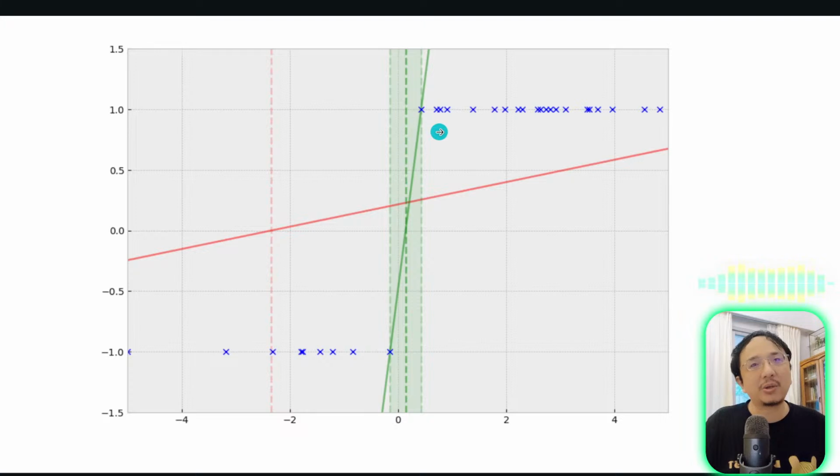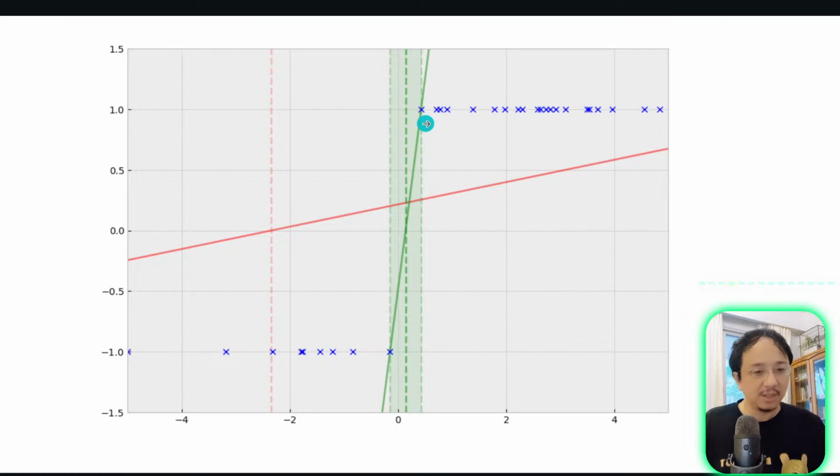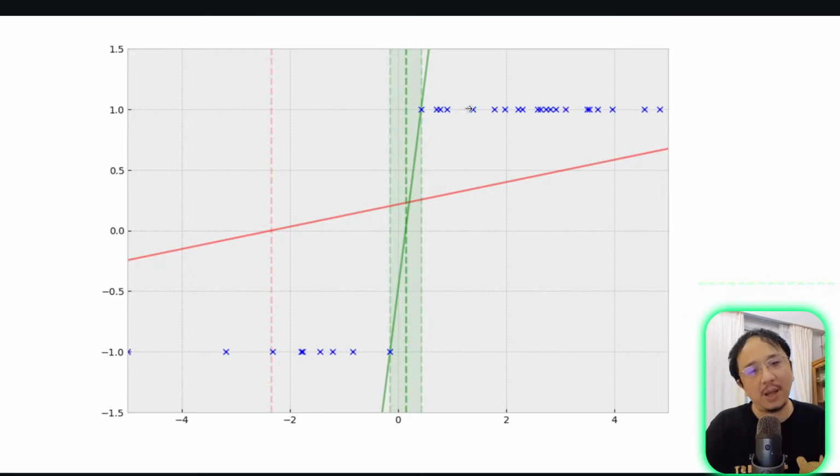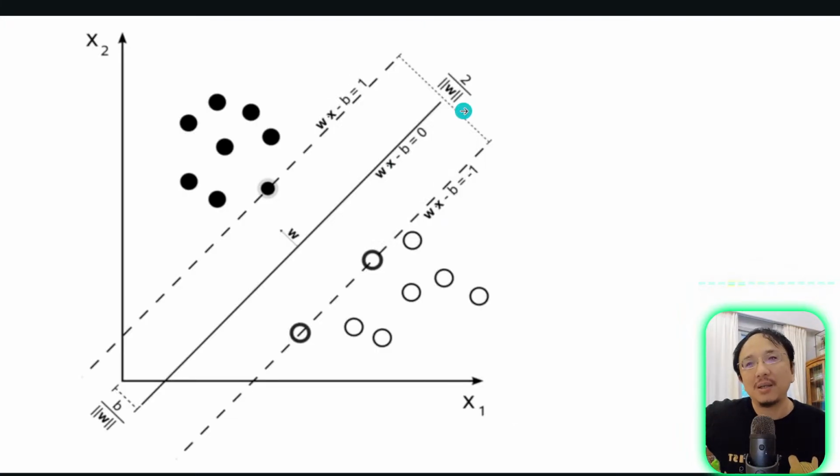Because we are talking about the nearest samples in the negative class and the nearest sample in the positive class, we need to give a name to these nearest samples, this black one and this white one.